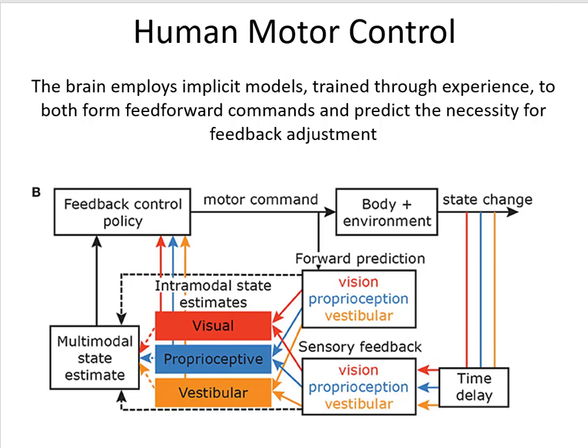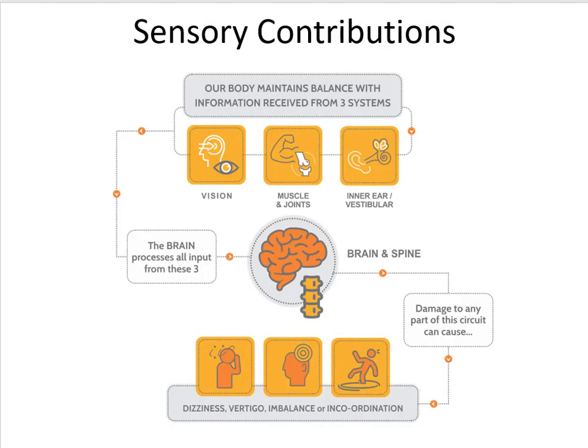So we can conceptualize what we're talking about in today's lecture in this way. If we consider it this way, we've got our brain and our spinal cord, which is a part of our central nervous system, right? And this is where most of our motor commands are made.